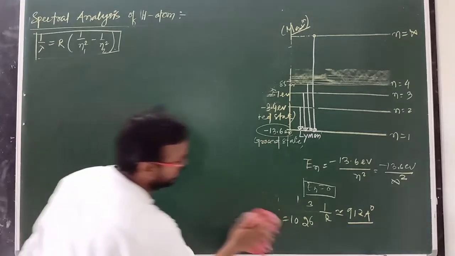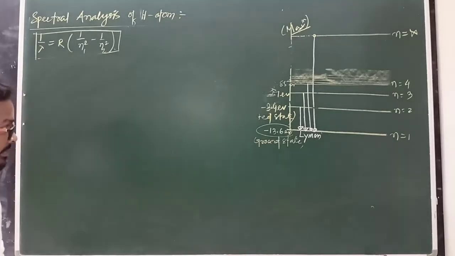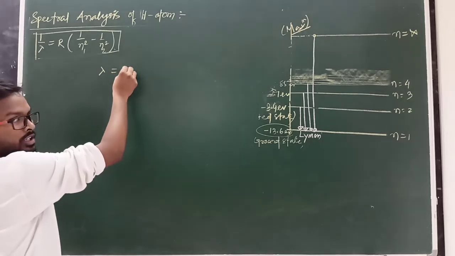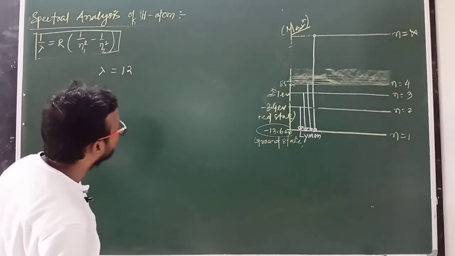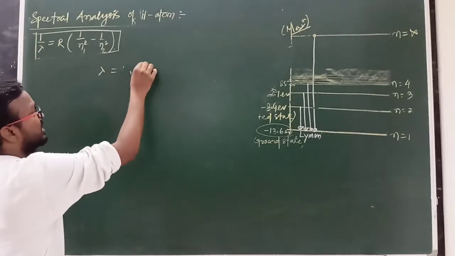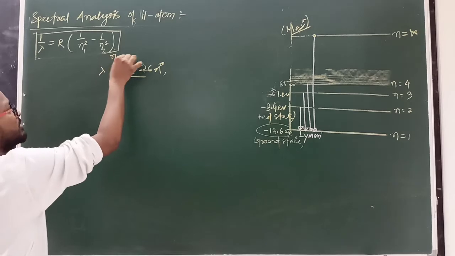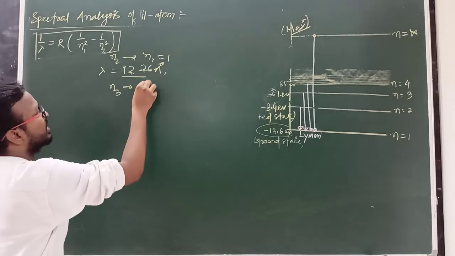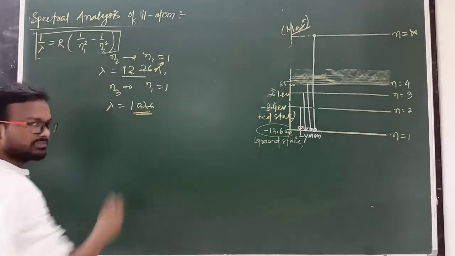Clear? And here we get the wavelengths. In the first case, when the electron jumps from n2 to n1 equal to 1, we get lambda equal to 1216, I think. In the second case, n3 to n1 equal to 1, at that time lambda equals 1026, I think this value.